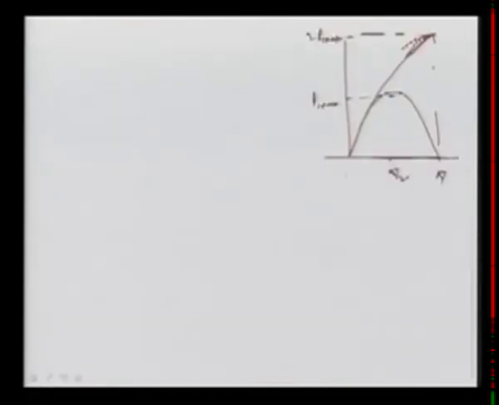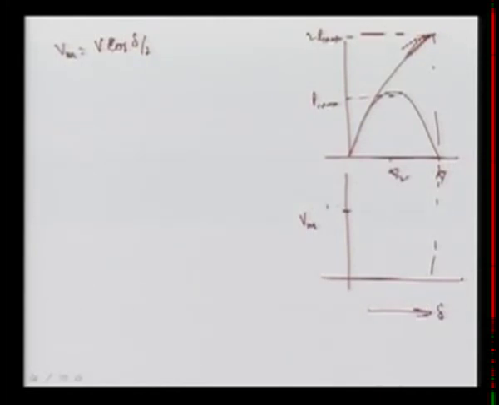Here I am drawing the midpoint voltage Vm, and this is the angle delta. Vm is nothing but V cos delta by 2. When delta is 0, the value is V, that is 1 per unit.